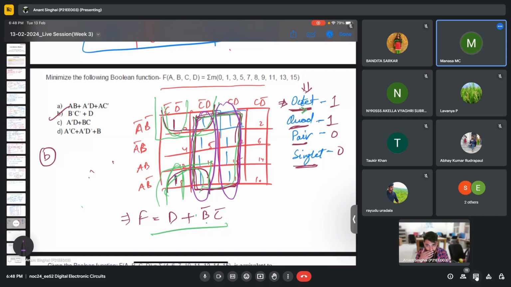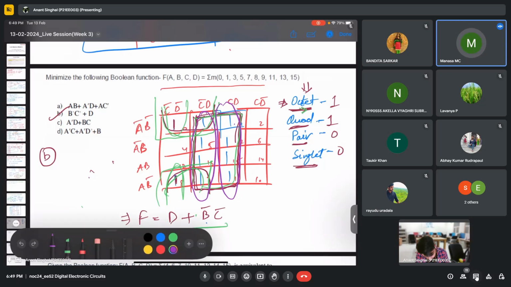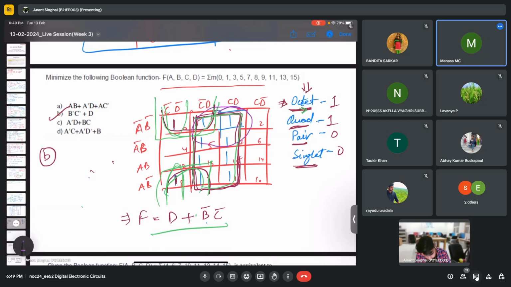Yes sir, 1 3 5 7, and another 13, 15, 9, 11, and another is 13, 15. Can't we take like that? We have already made an octet, so you can clearly see this is an octet itself. We need to cover the maximum, and we cannot take separate two quads.